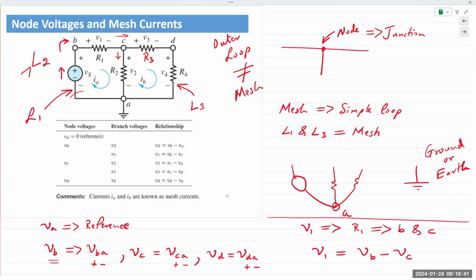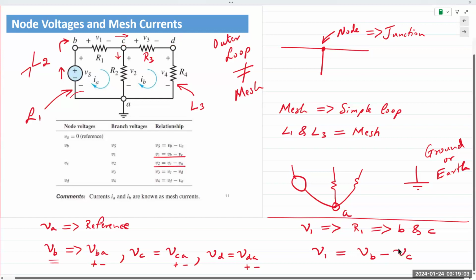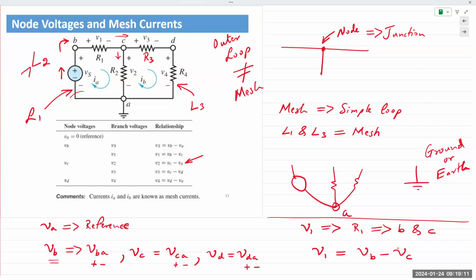Okay, so where was I? Oh, yeah, V1 is described in terms of node voltages VB and VC, which is right here. And so similarly, I can write out V2 as the difference between the node voltages C and A. Sorry, I pointed out the wrong resistor.